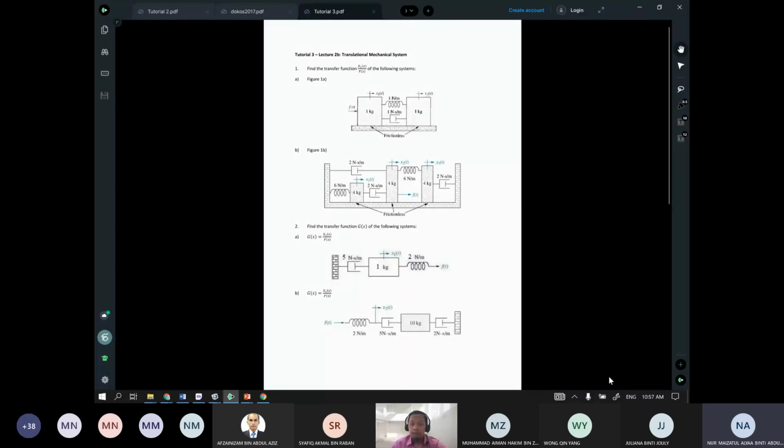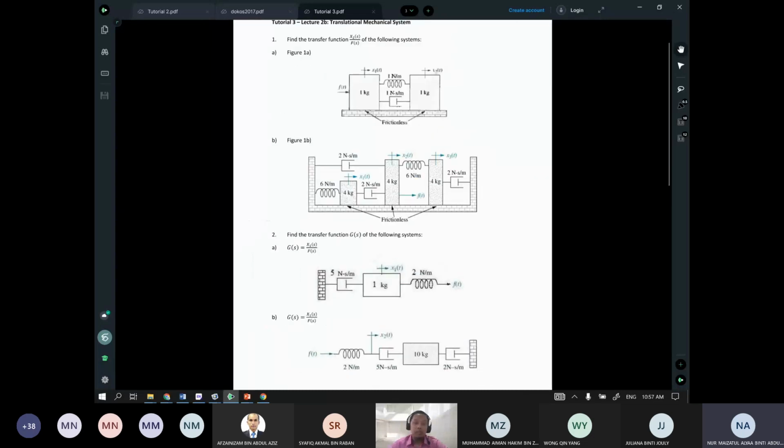Okay, so maybe you can try tutorial number 3, question number 1A. 1A is a 2 degree of freedom system, and 1B is a 3 degree of freedom system. So maybe you can try question 1A and then 1B. Then we will discuss next week, insyaAllah Monday.